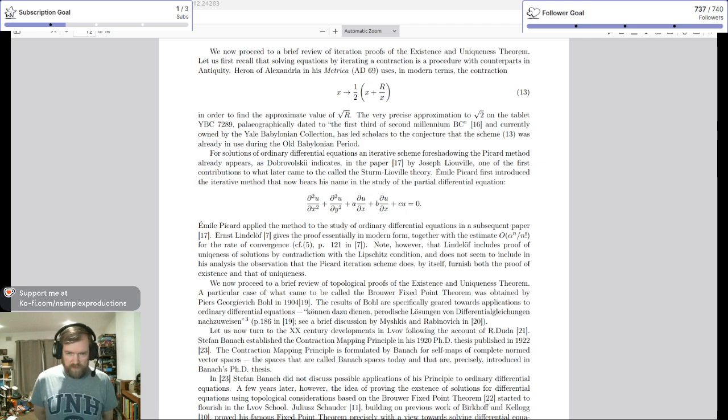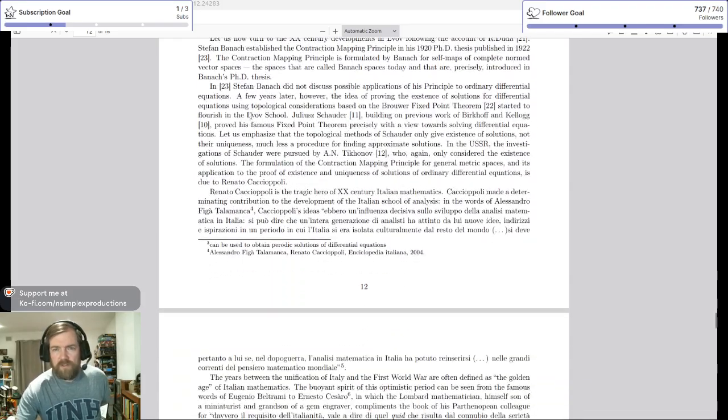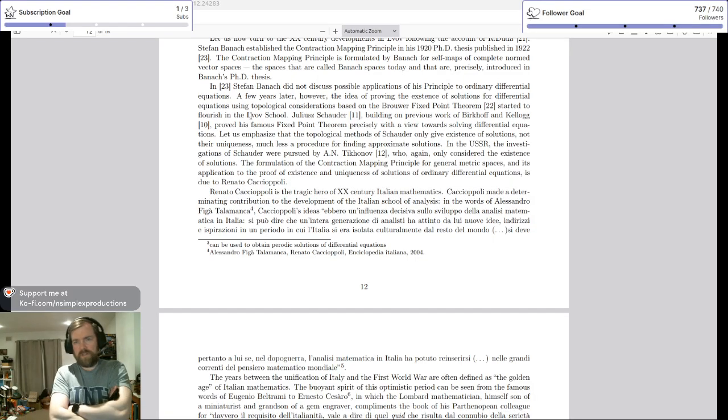The contraction mapping principle is formulated by Banach for self-maps of complete normed vector spaces. The spaces are called Banach spaces today, and they are precisely introduced in Banach's thesis. Stefan Banach did not discuss possible applications of the principle to ordinary differential equations.